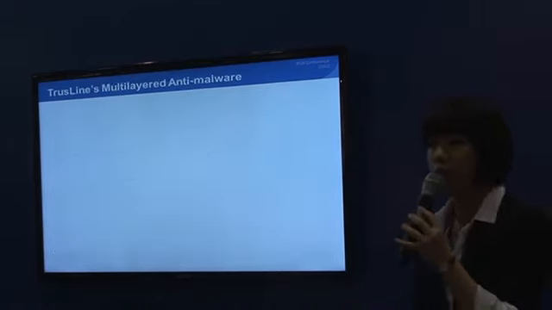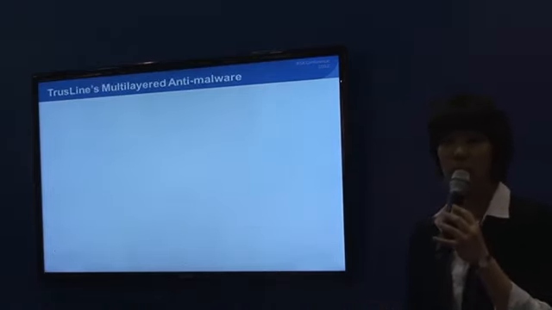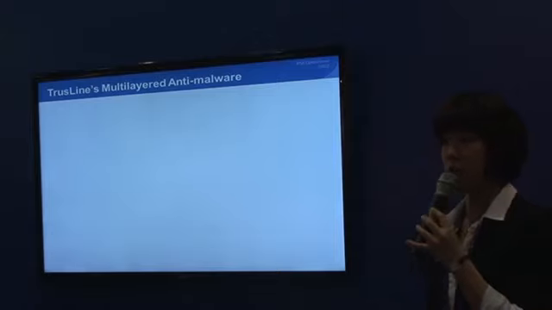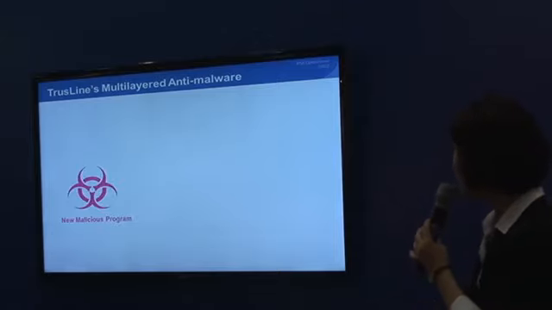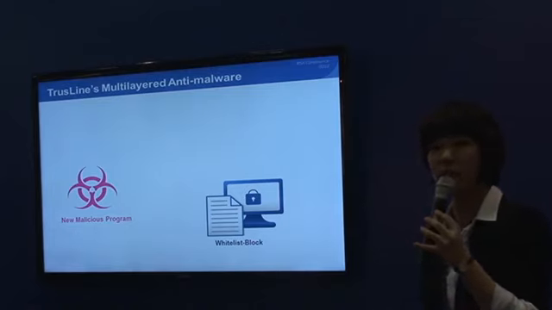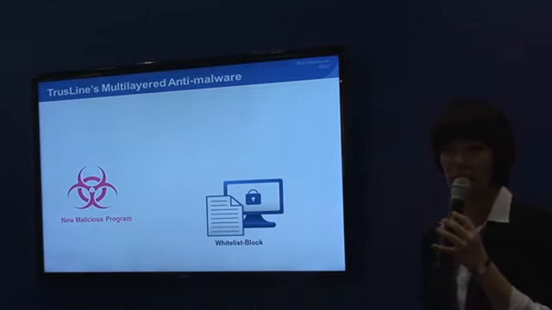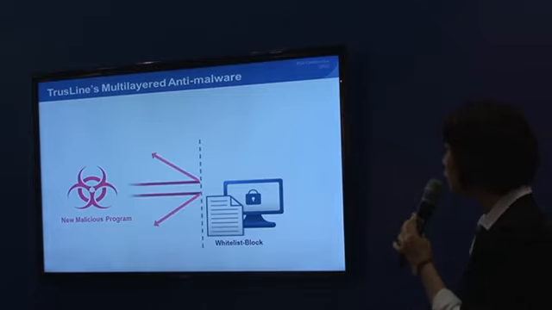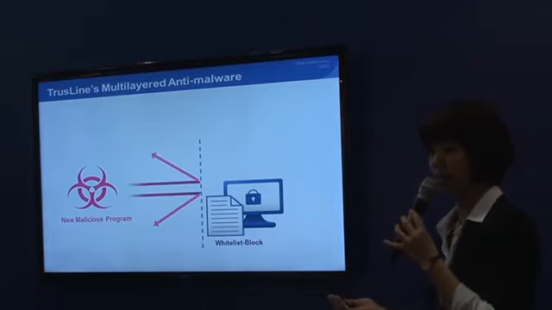Let me briefly explain how the multi-layered anti-malware detection policy works. At the deployment level, TrusLine creates a dedicated, customized whitelist according to the client's request. This blocks new malicious programs from entering the client system.